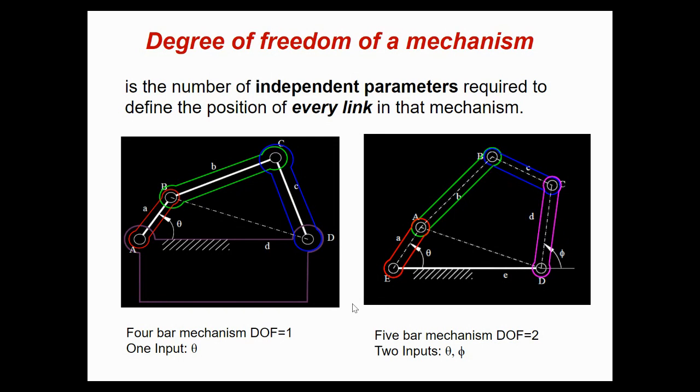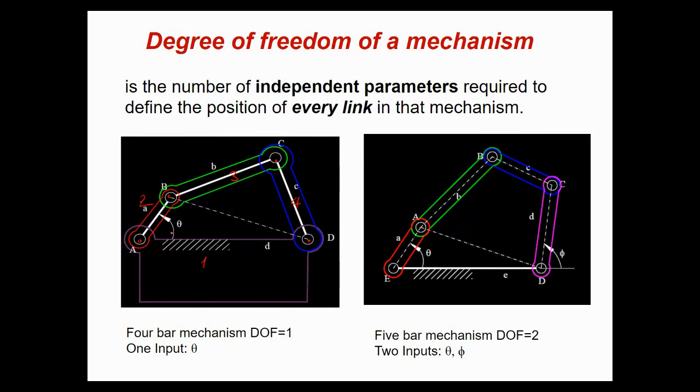Here you have a 4-bar mechanism, in which the first link, second link, third link and the fourth link are used. They are connected to each other by revolute joints. There are 4 revolute joints connecting them.